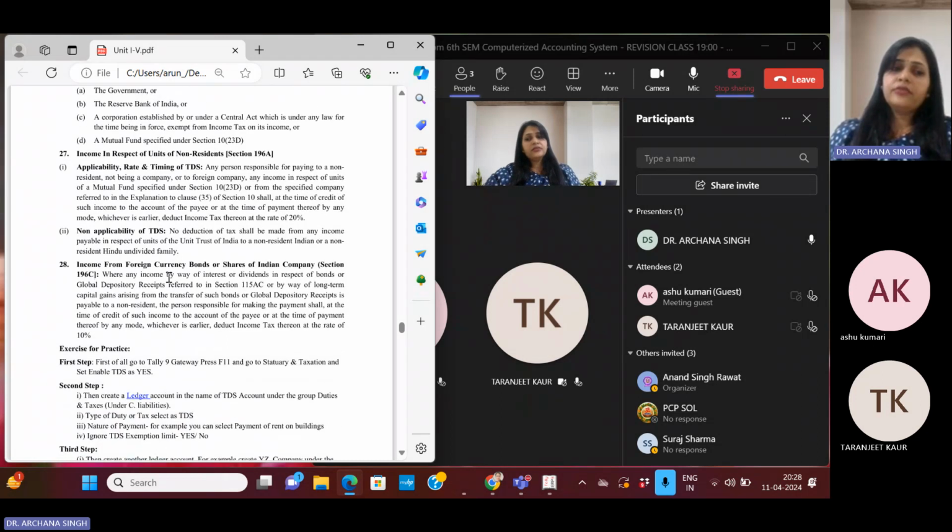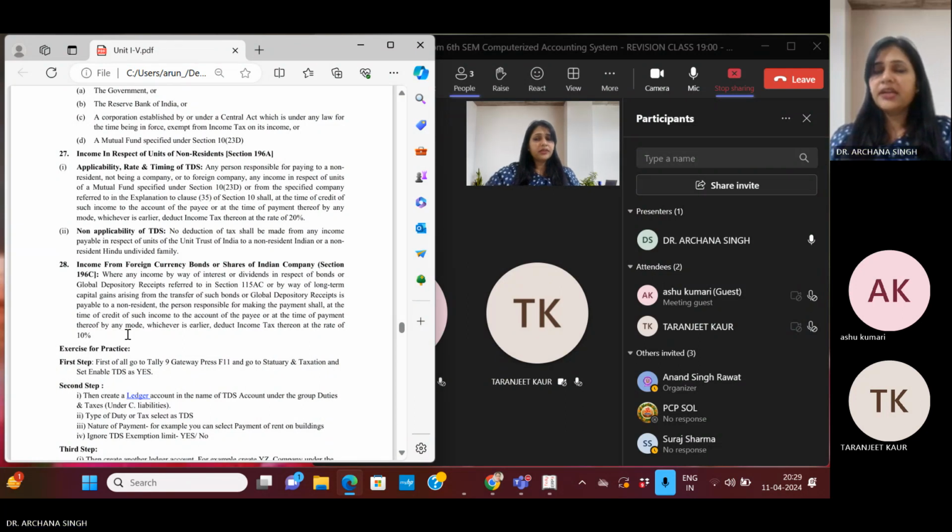And last is income from foreign currency bonds or shares of Indian company, section 196. What it says: where any income by way of interest or dividend in respect of bonds or Global Depository Receipts (GDR) referred to in section 115AC, or by way of long-term capital gains arising from transfer of such bonds or GDR, is payable to a non-resident, the person responsible for making payment shall at the time of credit of such income to the account of the payee or at the time of payment thereof by any mode, whichever is earlier, deduct TDS at 10%.